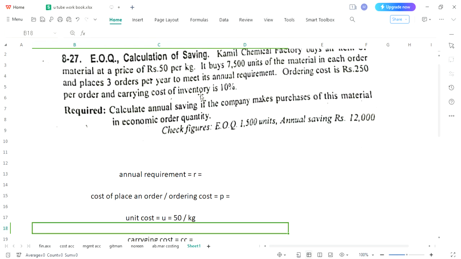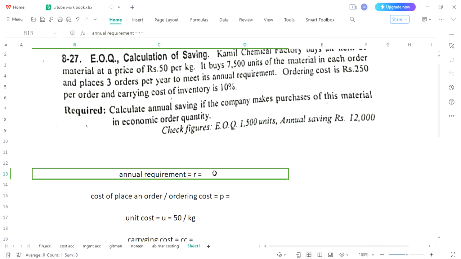Then let's move forward. It buys 7500 units of material in each order and places three orders. So how much would be the annual requirement? This way we can calculate our annual requirement. How? They are giving three orders per year. In 1 year they give three orders, and each order contains 7500 units.